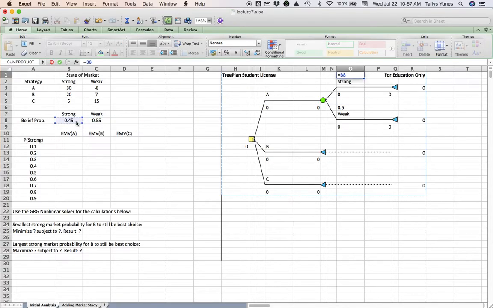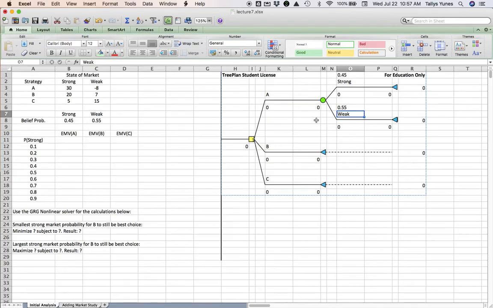The chance of strong is 45%, and I'm going to anchor that because I'll be copying this tree around and I want these references to remain pointing to the right places. Now, on the weak one, you could either point to this weak in C8 or make it be 1 minus the strong. Either way is fine.